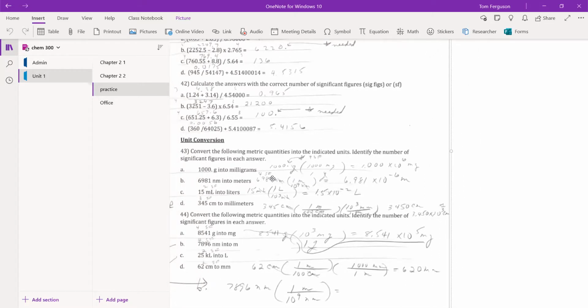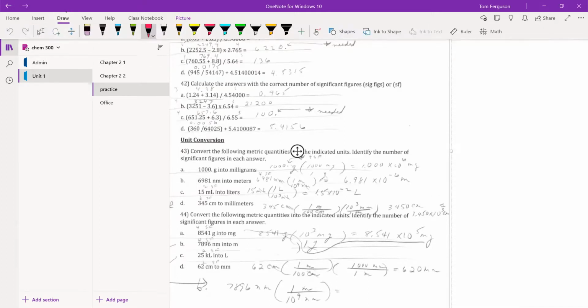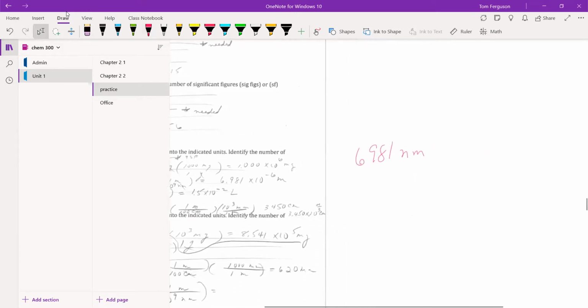Okay, so that's given. And we want to get to meters, right?